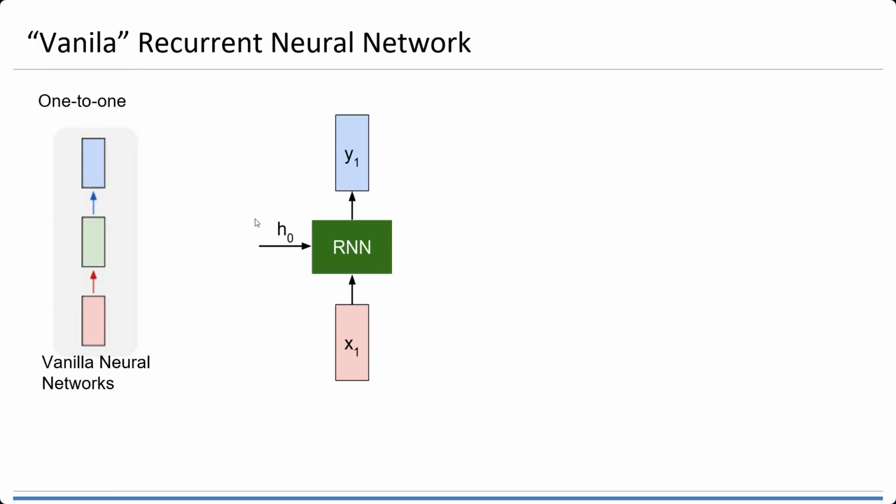So in RNN, we have one input and one output, and we will have one matrix to be the factor in order to create the weight in this RNN.